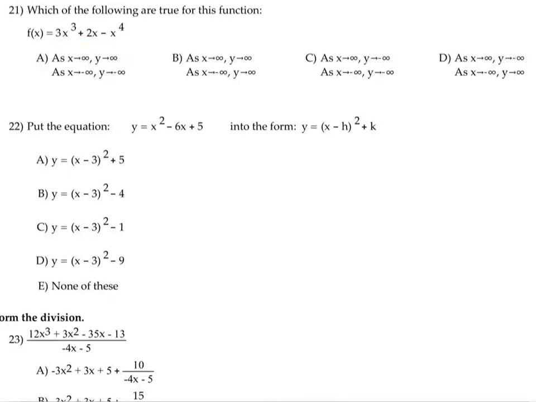Well, the way to figure that out, remember, is to take this, y equals, and for positive infinity, if x is going to positive infinity, what's the only term that matters? Remember, you can just plug in like 100. So y will equal 3 times 100 cubed plus 2 times 100 minus 100 to the 4th.